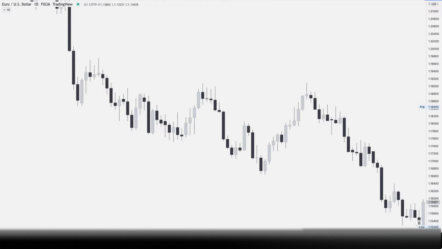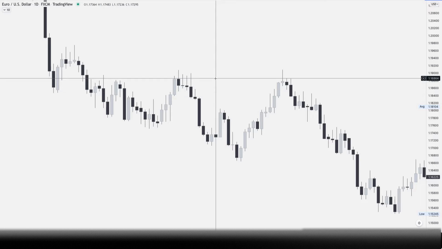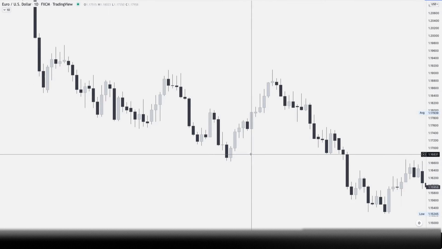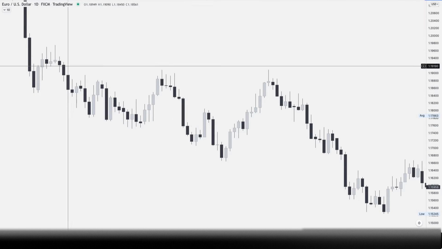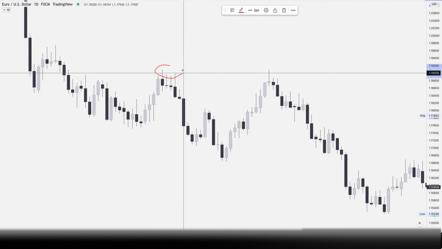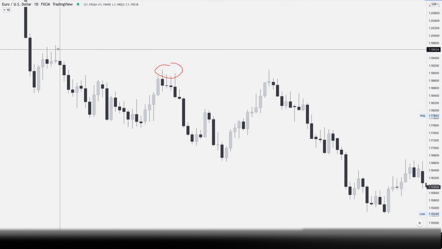Okay? And what did I talk about with wicks in terms of where they're allowed to go on the daily or any time frame chart? But the daily, obviously, because it's a bigger candle, we can start to look at where wicks start forming.